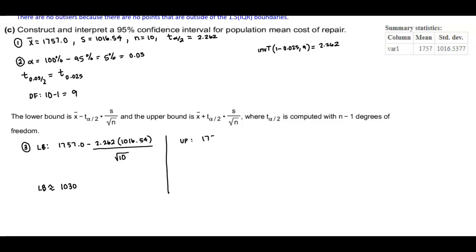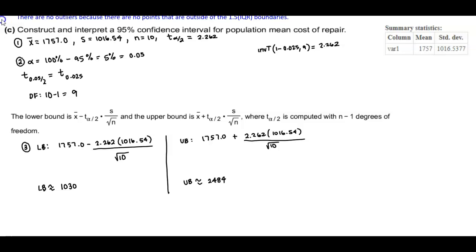Then we want to find the upper bound. We're going to take again the sample mean and then add the critical t value times the sample standard deviation over the square root of the sample size. And so for the upper bound, we get approximately 2,484.